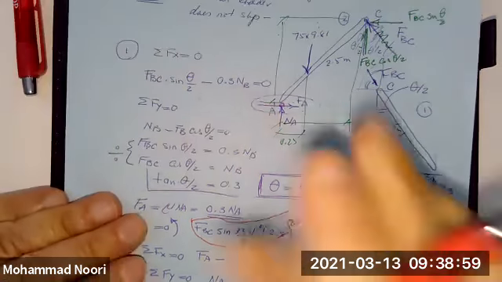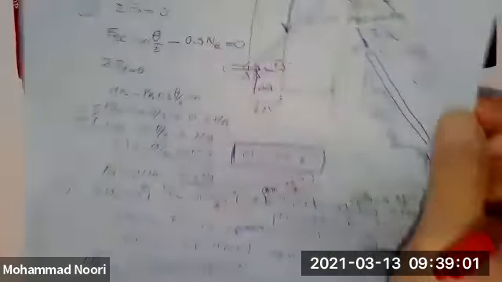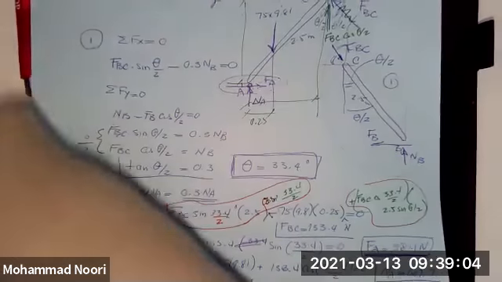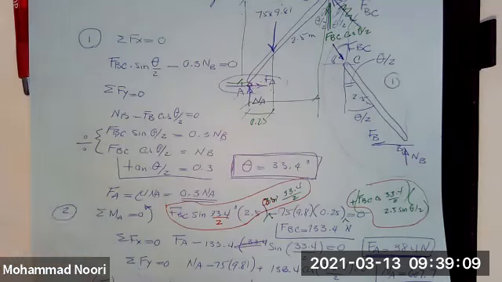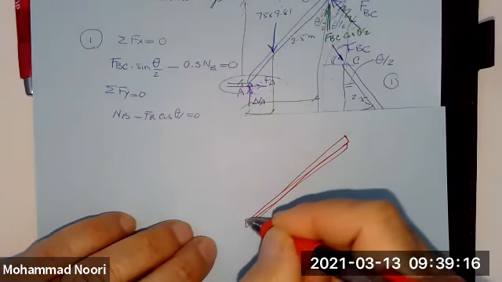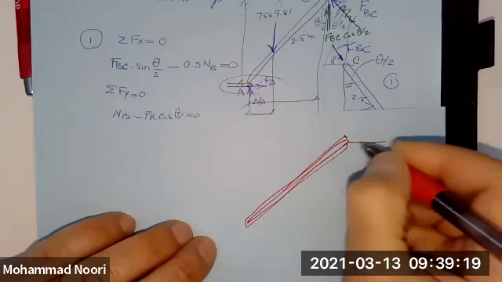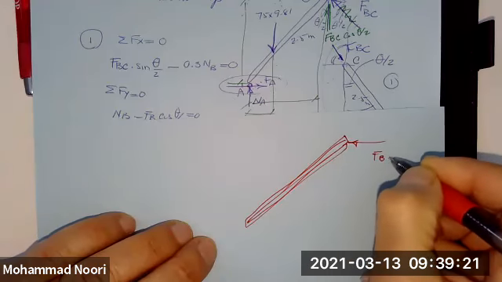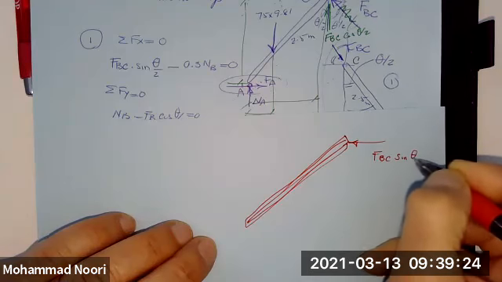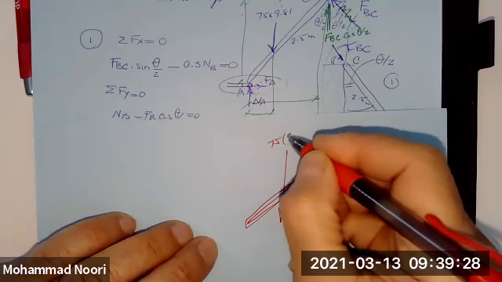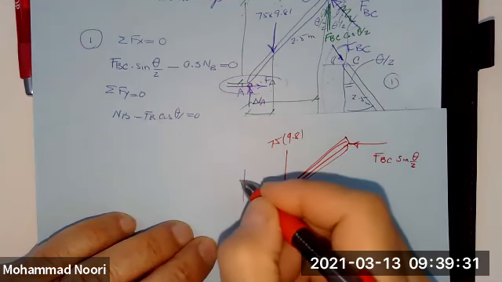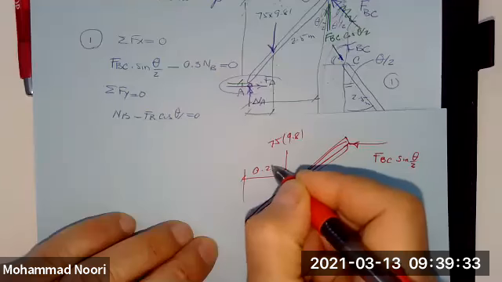So let me redo this, clean slate, because that's not fair. I want to show the correct moment equation. So this is what we have. Here you have FBC sine of theta over 2. Here is the weight, which is 75 times 9.81, at a distance of 0.25.